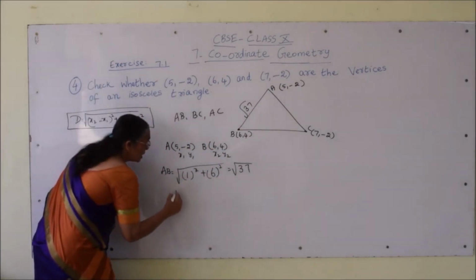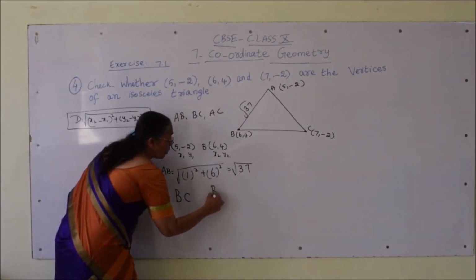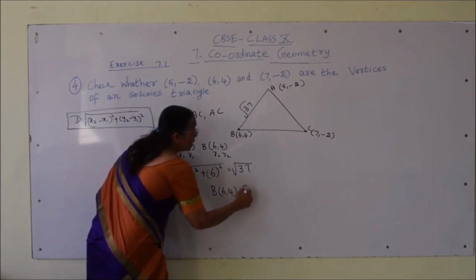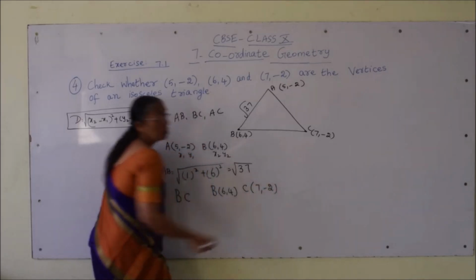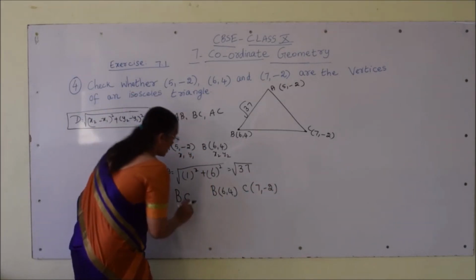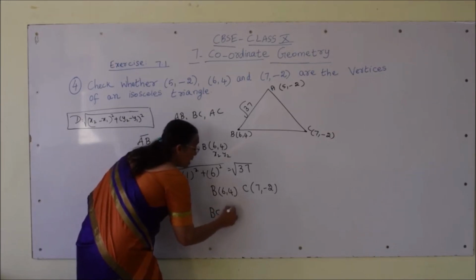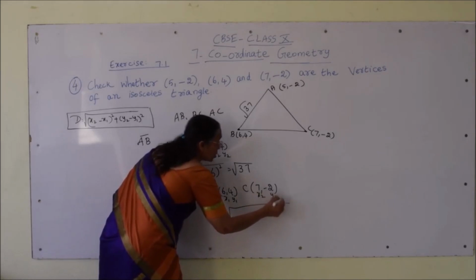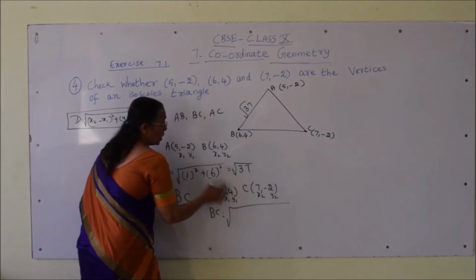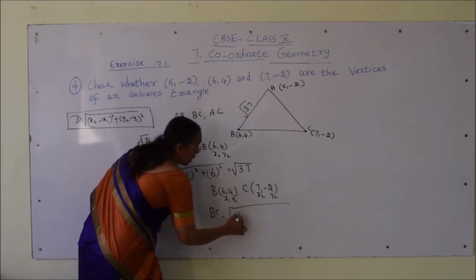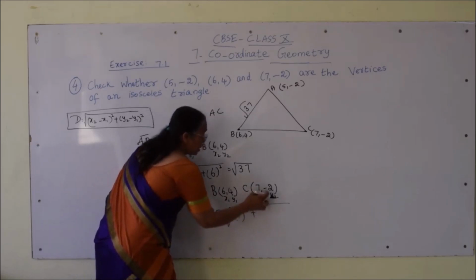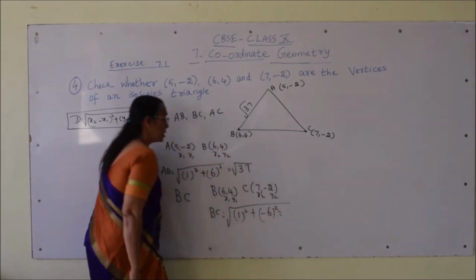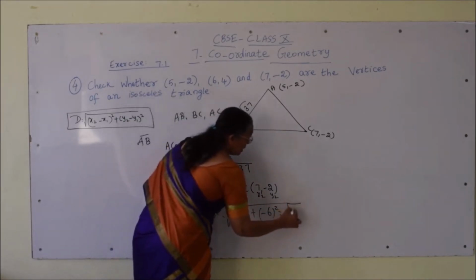Now, distance BC. So, we should consider the points B and C. B is (6, 4) and C is (7, minus 2). BC is equal to again root over, this is x1, y1, x2, y2, (x2 minus x1), 7 minus 6 which is 1, 1 square, plus (minus 2 minus 4), minus 6 whole square, 36 plus 1 square which is nothing but 37.